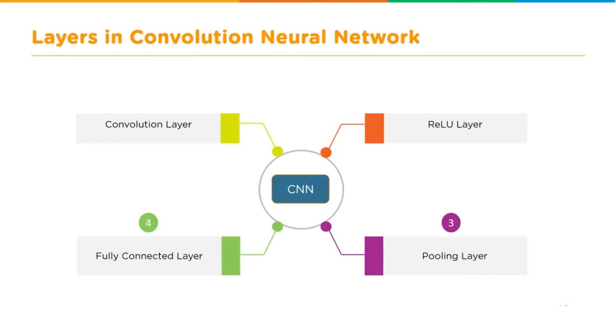Layers. In a convolutional neural network, we have our convolution layer, and that really is the central aspect of processing images in the convolutional neural network. That's why we have it, and then that's going to be feeding into your ReLU layer, which, as we talked about, is the rectified linear unit. We'll talk about that a little bit later.